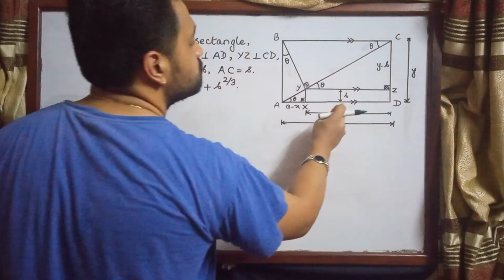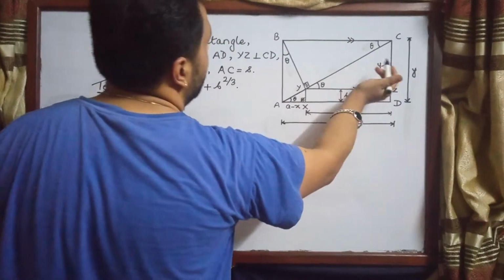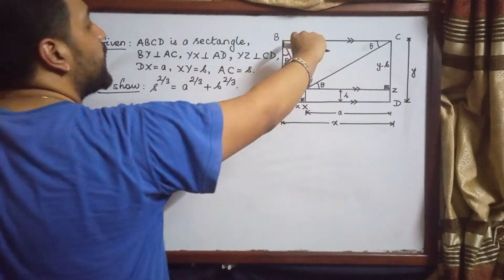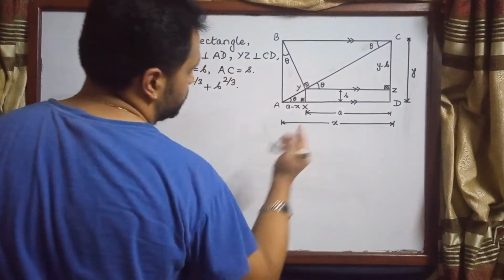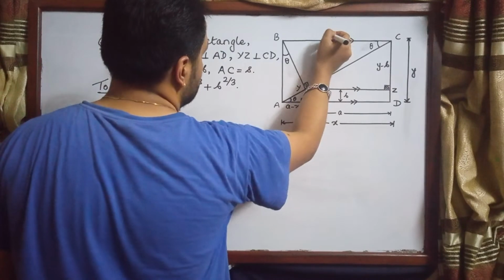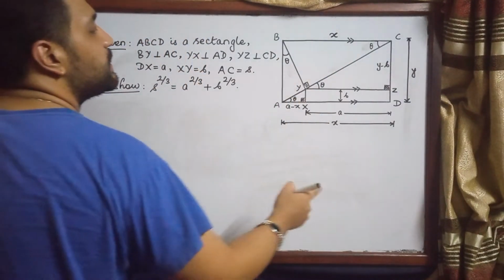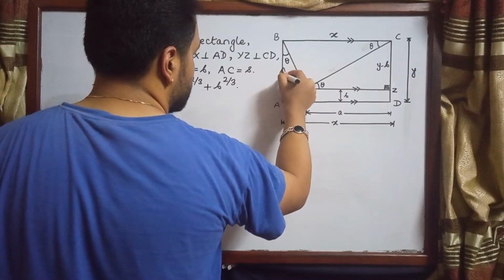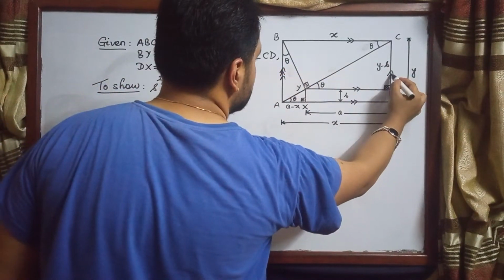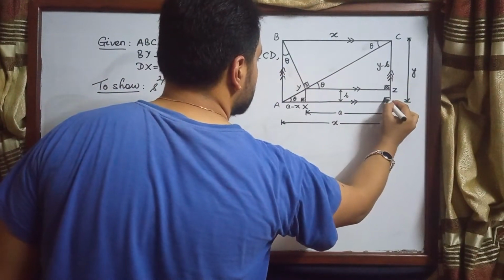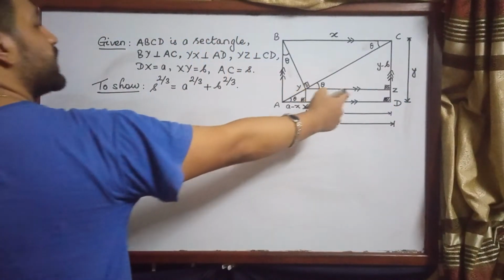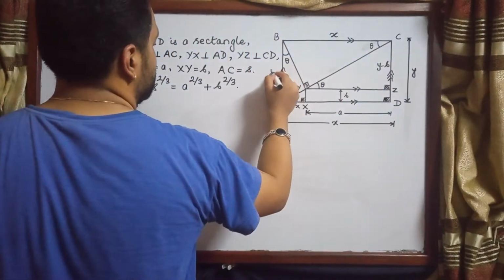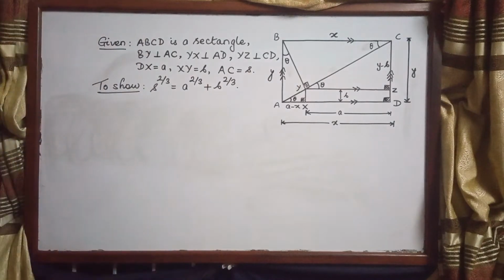Now, opposite sides of a parallelogram are equal, and a rectangle is also a parallelogram, so BC is equal to X. And similarly, since AB is parallel to CD, we're going to get AB to be equal to Y as well.